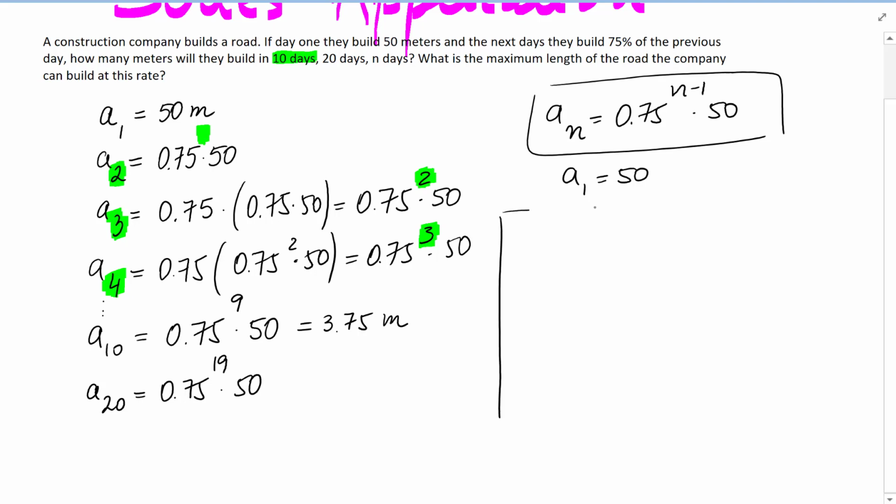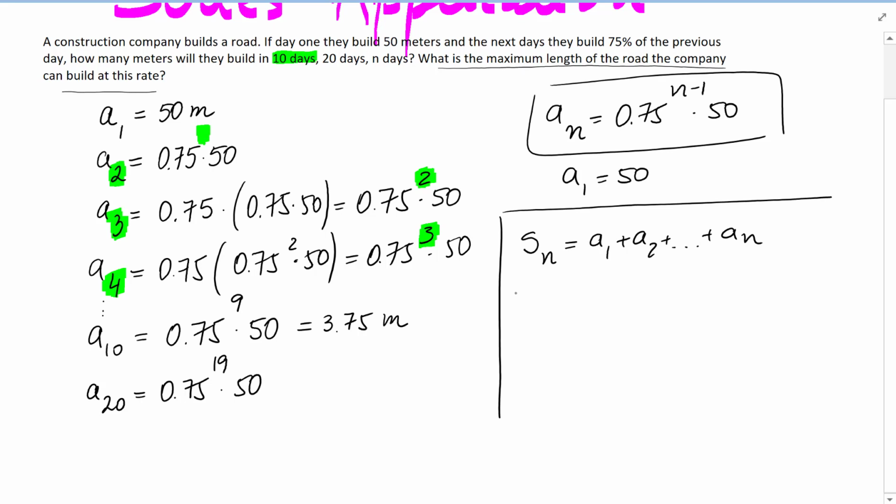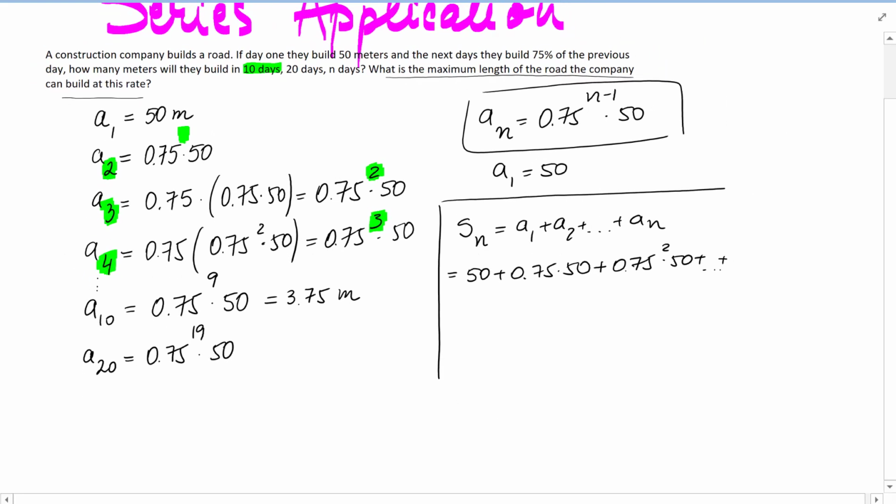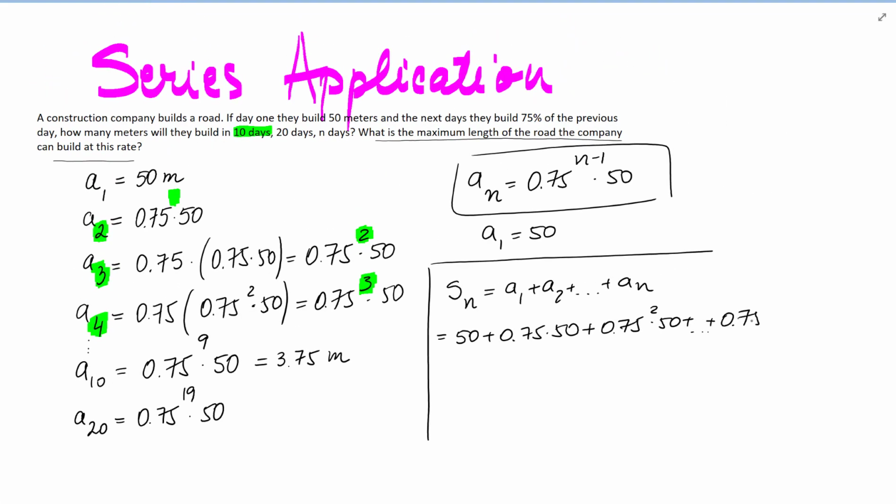Now to answer the second question, it says, what is the maximum length of the road the company can build at this rate? So if we calculate S sub n, it's going to be A sub 1 plus A sub 2 plus dot dot dot A sub n, which means 50 plus 0.75 times 50 plus 0.75 squared times 50 plus, up to A sub n, which is 0.75 to the n minus 1 times 50.